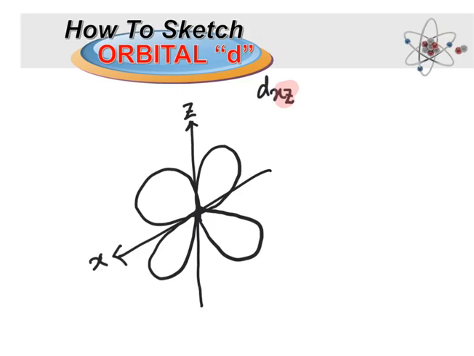Draw the y-axis from the center to the head of the y-axis. Another part of the y-axis is hidden by these shaded lobes. We cannot see this y-axis until the end of the shaded lobes. So we have finished sketching orbital dxz.